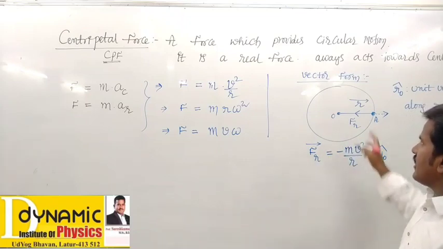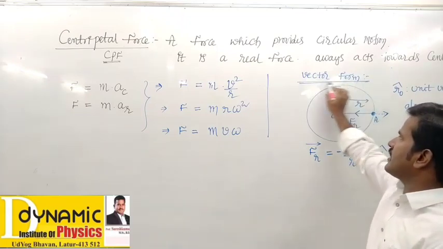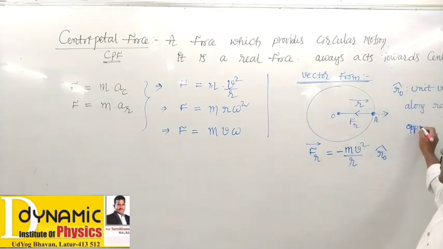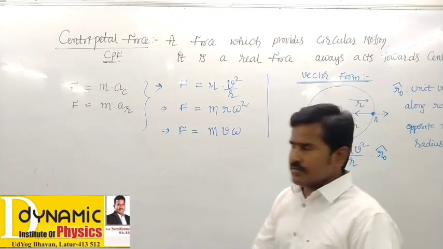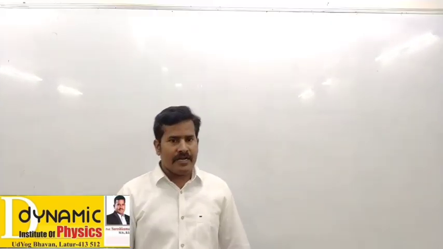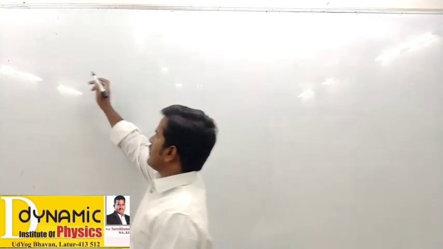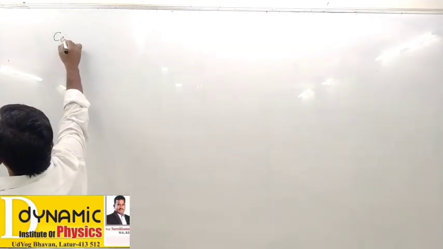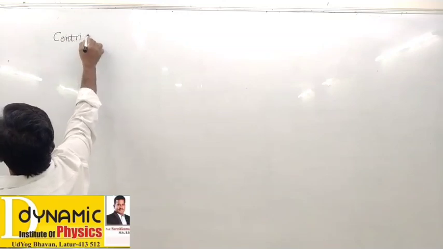So this is the vector form of centripetal force, opposite to the radius vector. So this is the centripetal force. Now the examples of centripetal force.